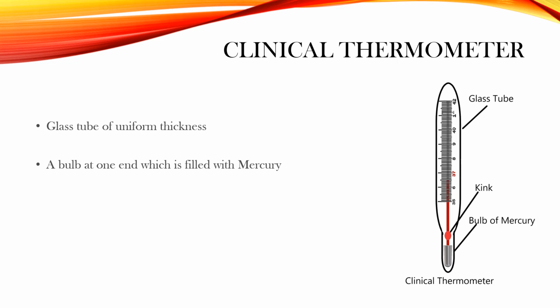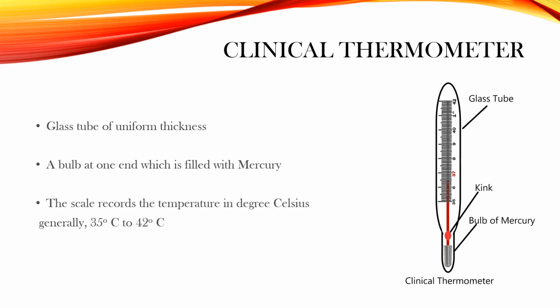The mercury level in the thermometer rises up in the thread-like portion of the thermometer, which indicates the temperature of the body. So why mercury? Because mercury is the only liquid metal that expands on heating. The level of mercury can then be measured by reading the scale given on the thermometer.